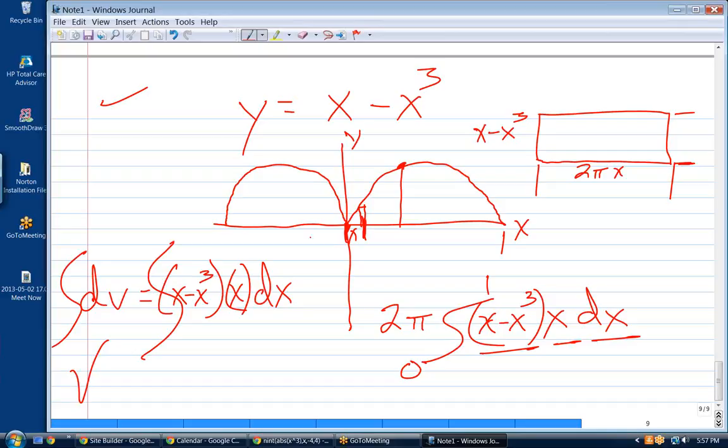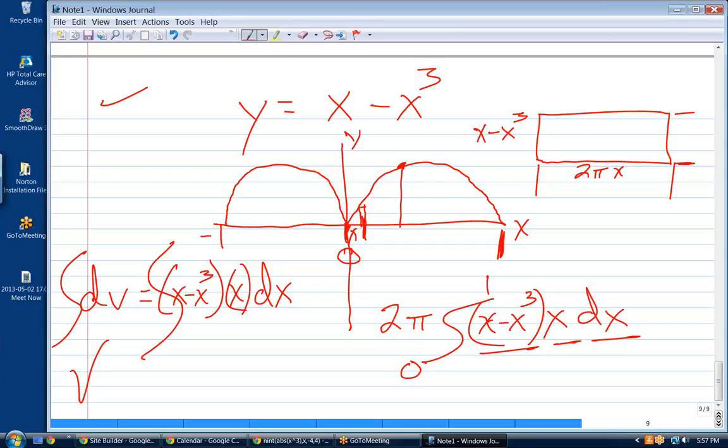And again, I don't want to go from -1 to 1. I want to go from 0 to 1, because that will cover all of the shells that I'm going to end up with. In other words, I could make a whole lot of paper rectangles and fold them up and construct this object from those shells.